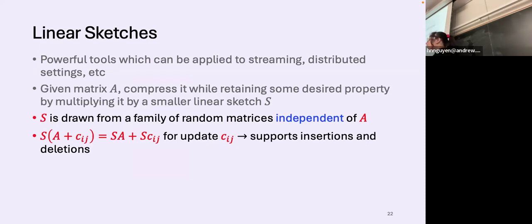This is going to say, increment or decrement one entry of my matrix A. Sketching A updated with C is the same thing as already having sketched A, now sketching my new update, and then just adding these two together. And so you can see that this easily supports insertions and deletions. I get an entry, I just sketch that update, and then I just add it to my current sketch at the time.